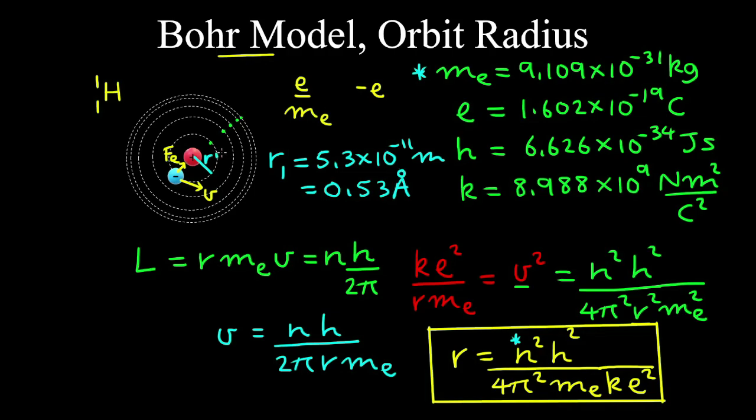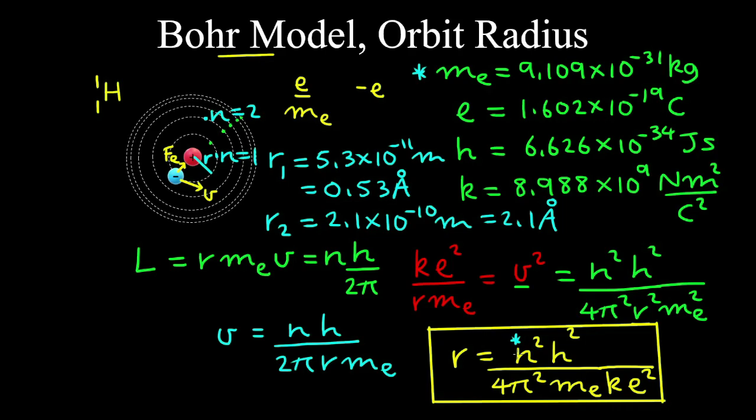So that's this orbit over here. And for n equals 2, you'd have n squared is equal to 4, and therefore R2 is 2.1 by 10 to the minus 10 meters. So that's around 2.1 angstroms.